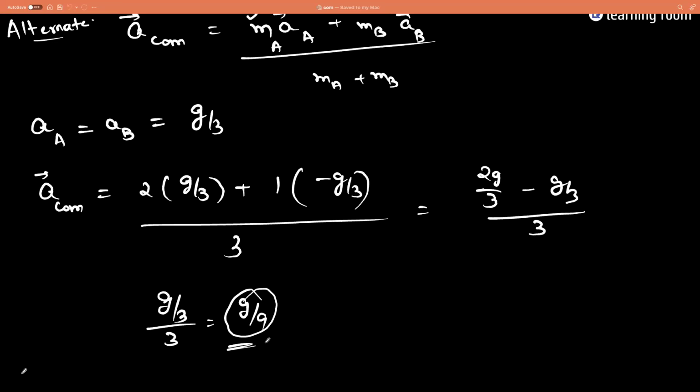Okay. So this is how we apply the motion of center of mass.